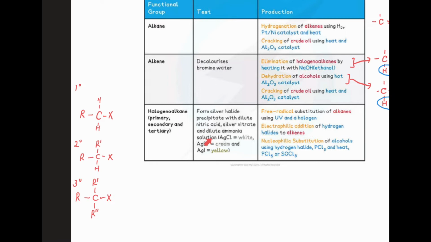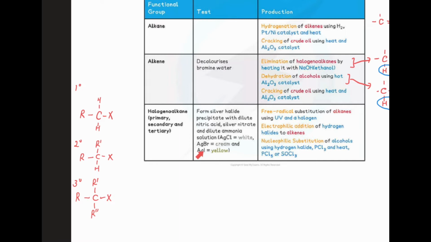AgCl will dissolve in dilute ammonia solution, but AgBr and AgI will not dissolve in dilute ammonia solution. Then you use concentrated ammonia solution, where AgCl will dissolve, AgBr will also dissolve, but AgI will not dissolve.